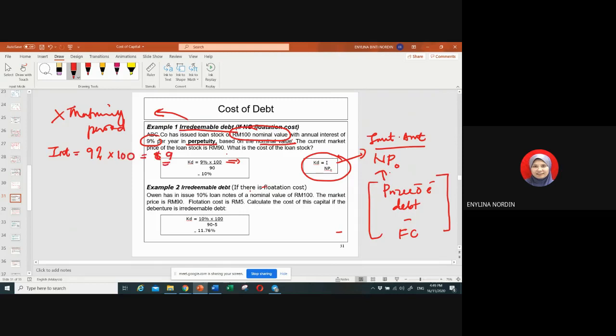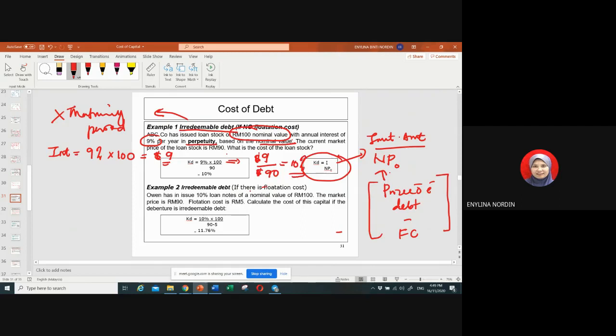This is the interest that's going to be paid by the company for infinity. You divide 9 ringgit by the net price. Since we don't have any flotation cost, we take the price of the debt, which is 90 ringgit. So you get 10% or 0.1 as the cost of debt.